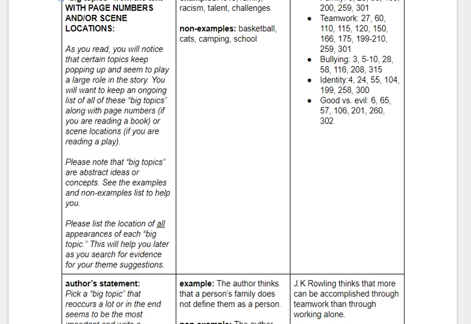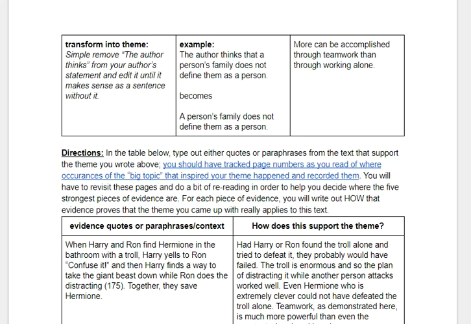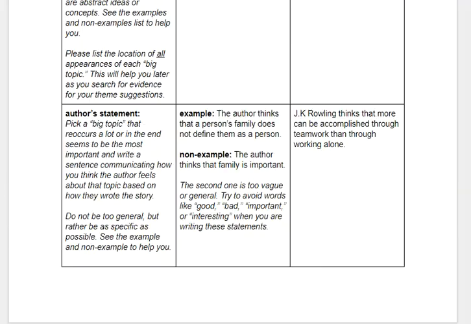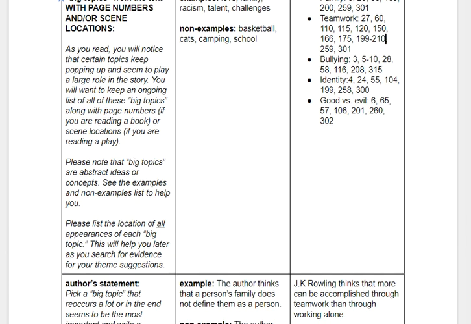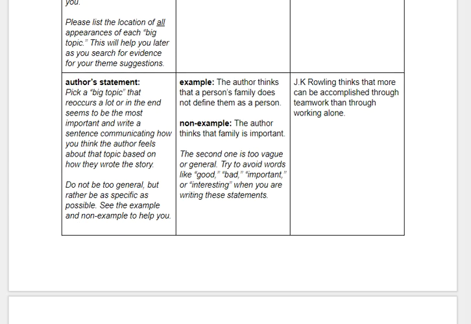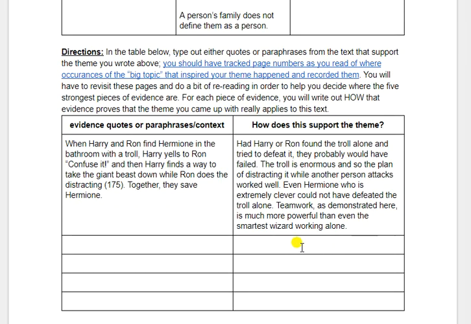So yes, you'll have to do a little bit of rereading and thinking through, but you've done a lot of the work already by tracking your page numbers up there, and that's why it is so important that you do that as you're reading, because that takes a lot of the work out of it later when you get to this step. So when you get to this step, continue this process until this table is completely full and you have at least 5 good, strong pieces of evidence there.